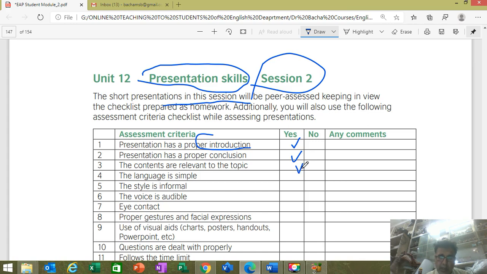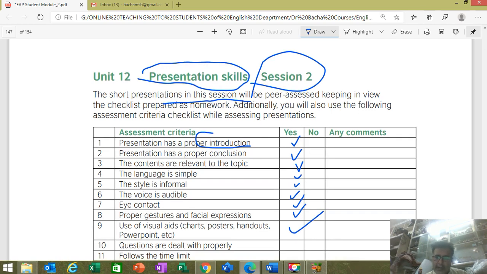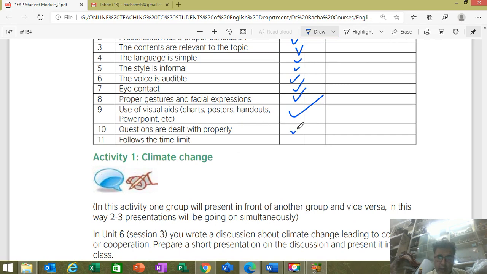Is the language simple? Is the style informal or formal? Is the voice audible? Is there eye contact, proper gesture, and facial expression, and use of visual aids? You have to look at all these checklists at the end, so that it will put you on the right track.